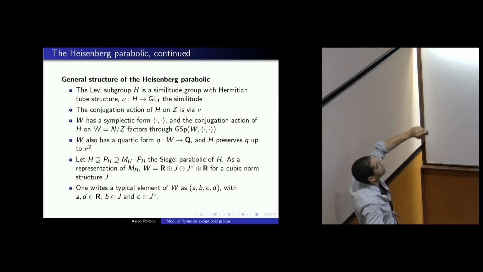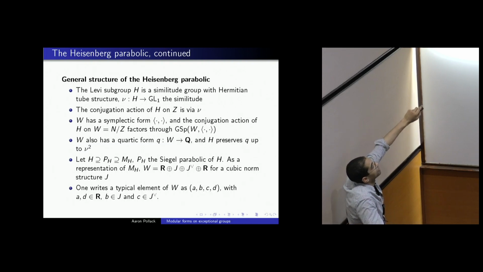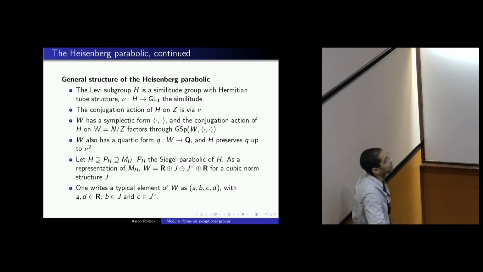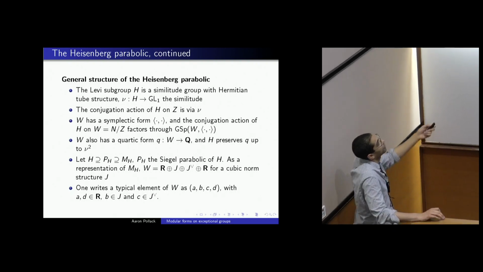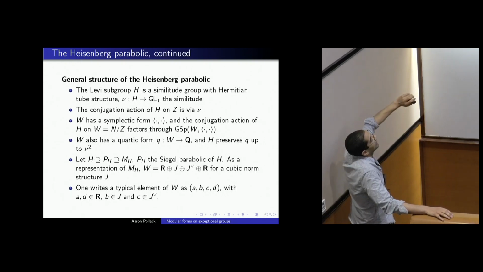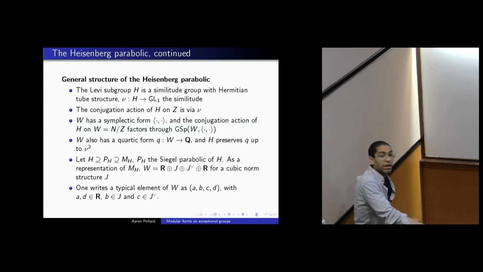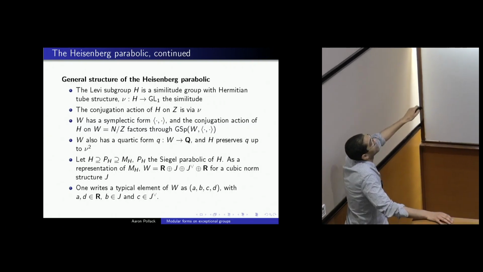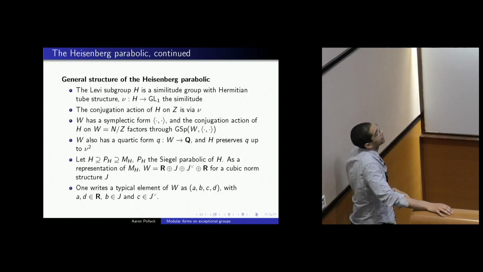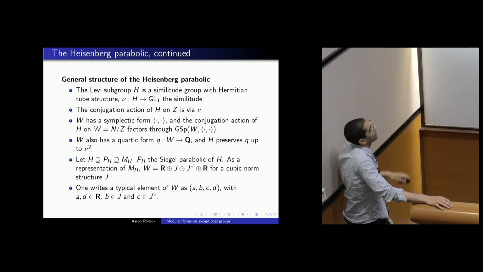So you take the Heisenberg parabolic in these groups G, and like I said before, the Levi subgroup H is a similitude group whose symmetric space has Hermitian tube structure. So denote by nu the similitude, and remember Z was the center of the unipotent radical of the Heisenberg parabolic, and W denotes N mod Z, the abelianization of that unipotent radical.